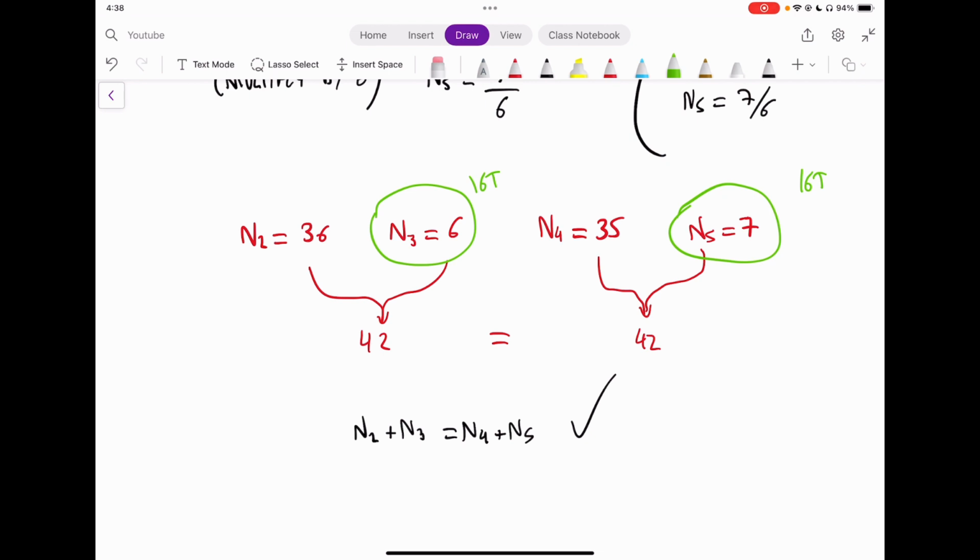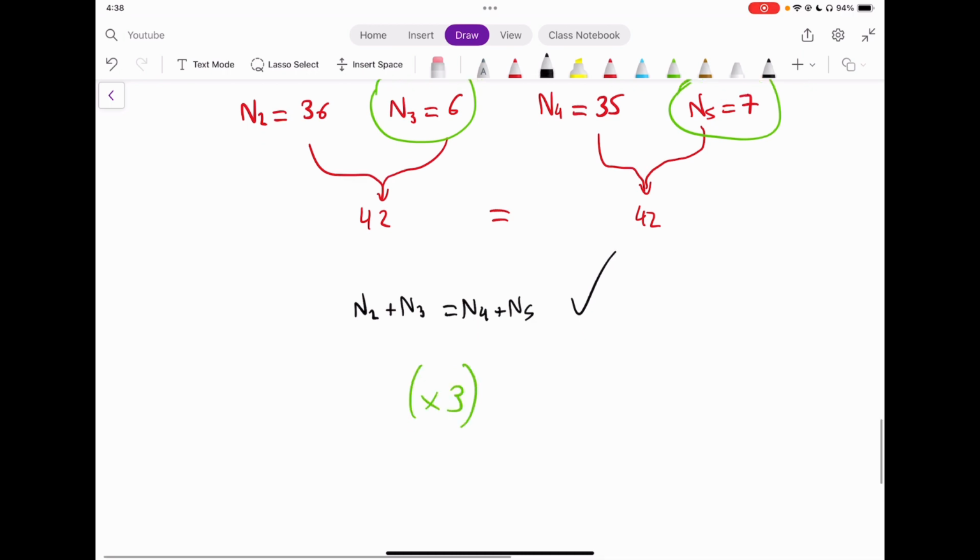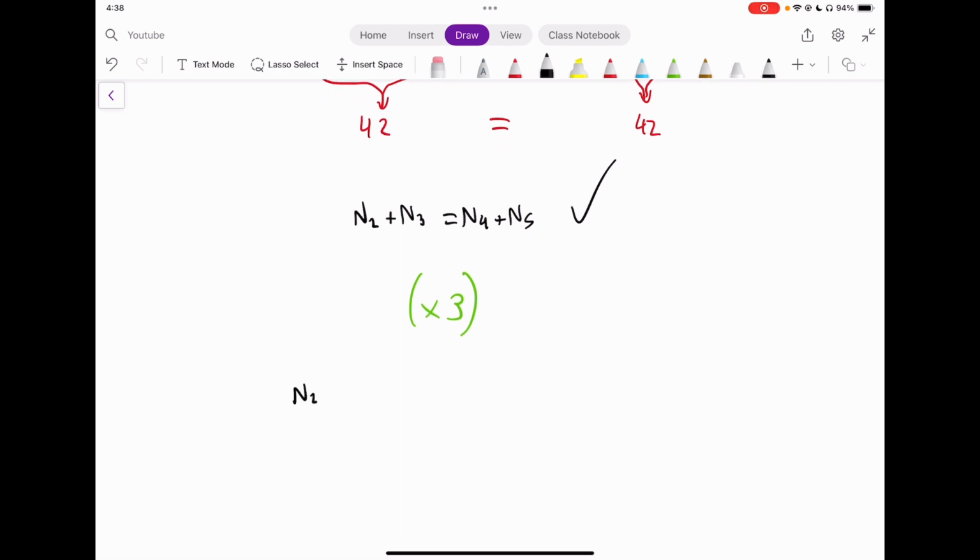We can see that to get to 16 teeth, we would need to multiply everything by 3. And if we multiply everything by 3, we end up with N2 is equal to 108, N3 is equal to 18, N4 is equal to 105, and N5 is equal to 21.